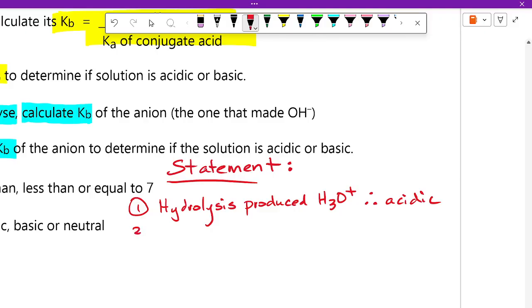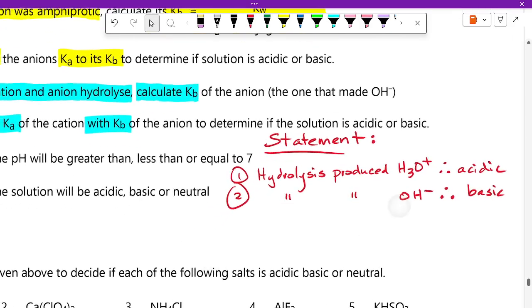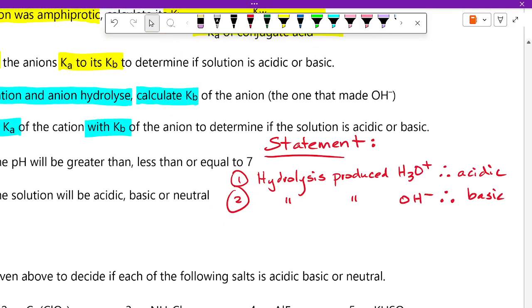Number two. Can you guess what number two is? Hydrolysis produced OH minus, and therefore it is basic. Number three.